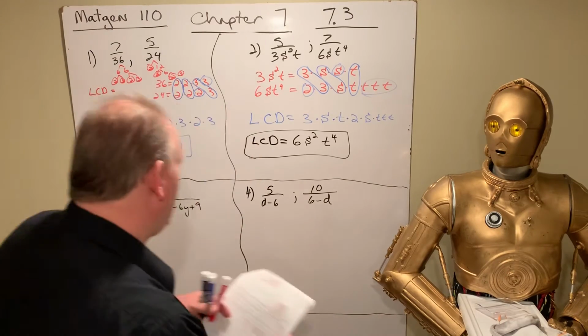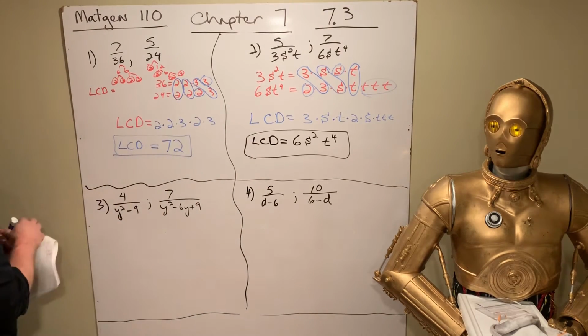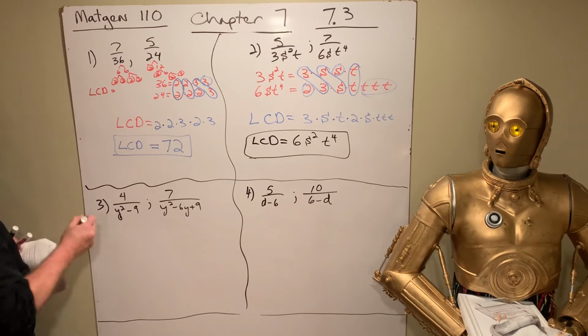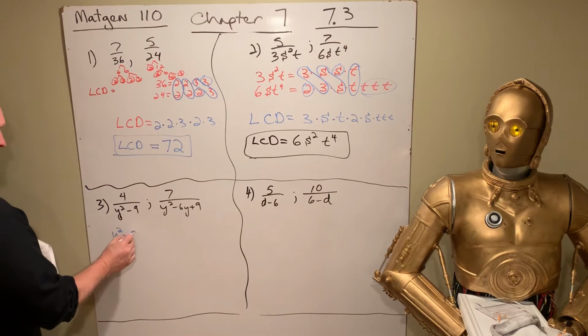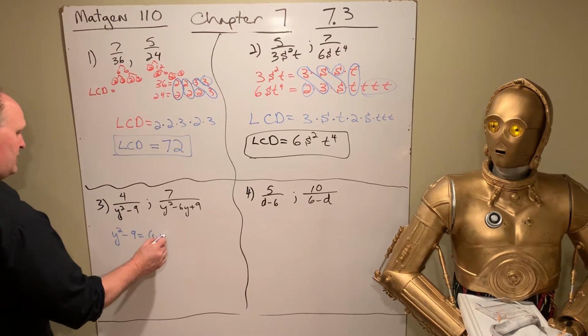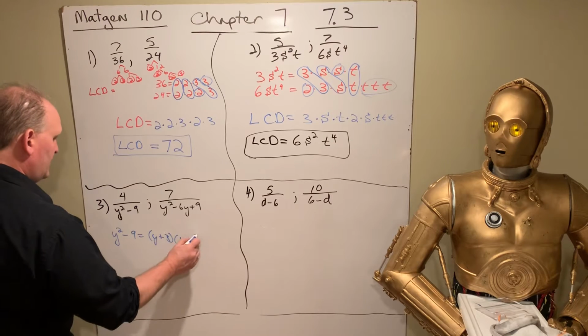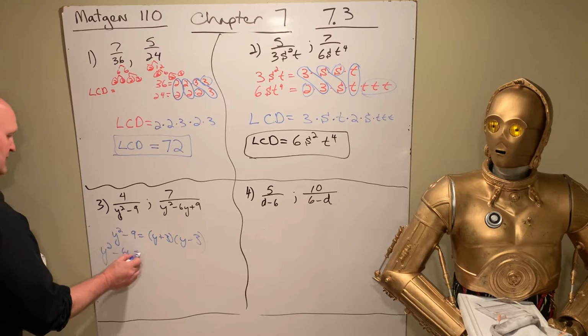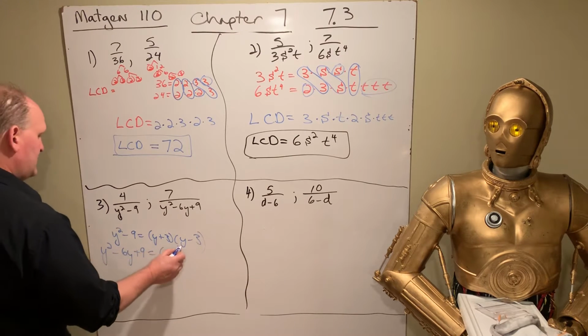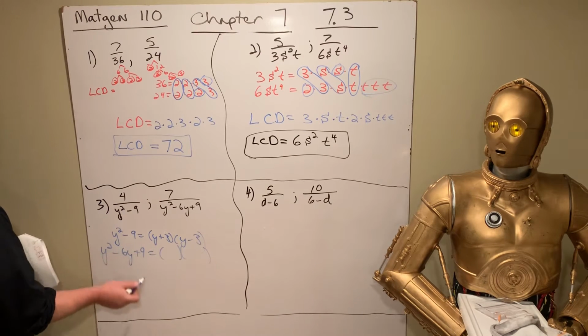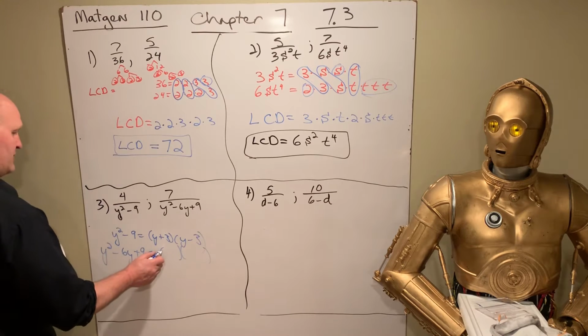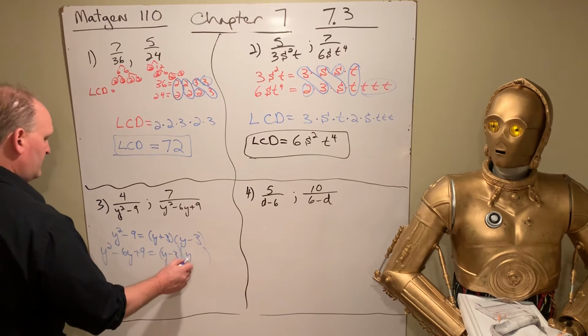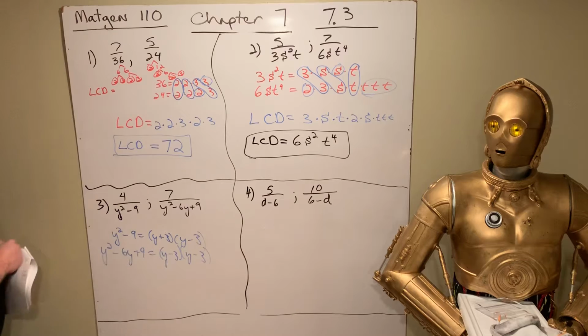All right, so let's look at number 3. It's a little harder because you have y squared minus 9. That's going to be y plus 3, y minus 3, when we break it down. Y squared minus 6y plus 9, we're going to factor that to break it down. So multiplies to be positive, but adds up to be negative 6. That's y minus 3, y minus 3. And now we do the same thing that we did there.